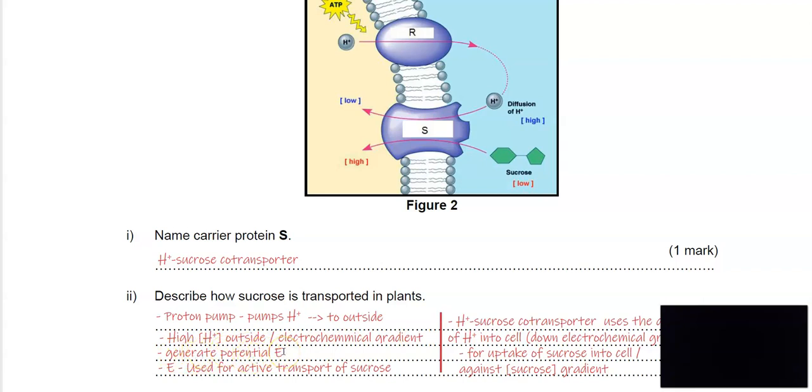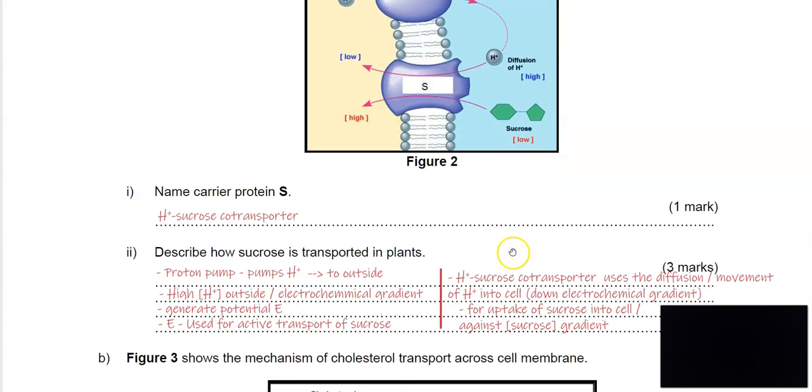Potential energy will be generated, and this energy will be used by the co-transporter to transport sucrose from outside into the cell. Okay, so for any of these points, you will get 1 mark. So you can explain up to this point, or you can elaborate more for your understanding.